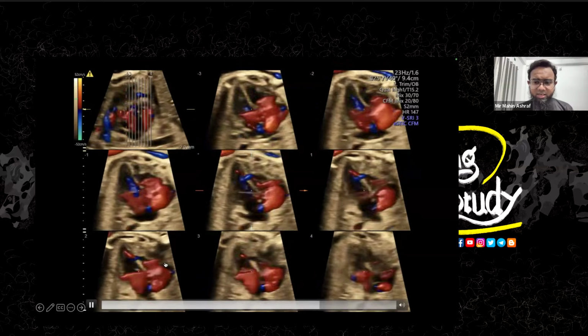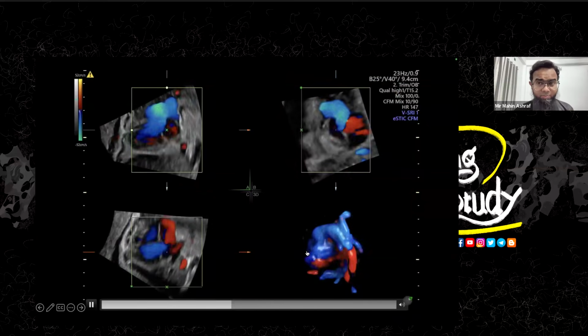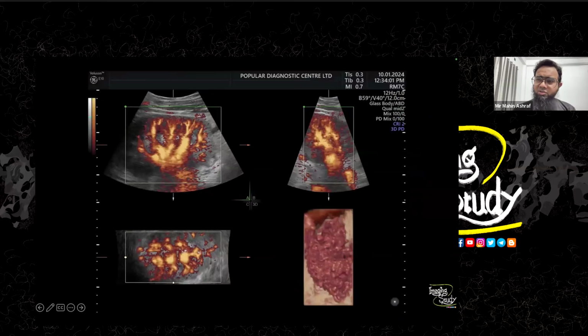So we are taking the picture and reconstructing it to real heart-like pictures nowadays. We can also use it for the renal vasculature assessment, and you can see I have put Doppler, power Doppler, as well as 3D to make this picture, which can't actually demonstrate anything.